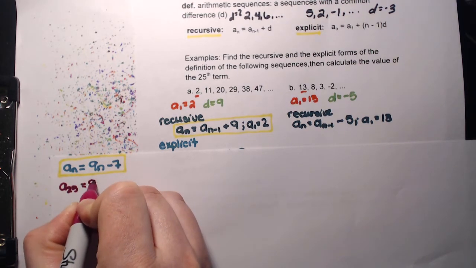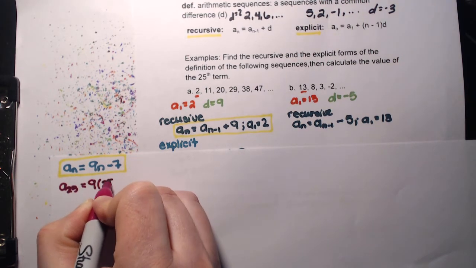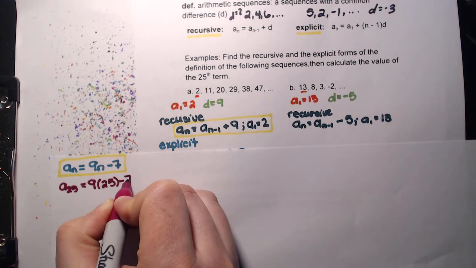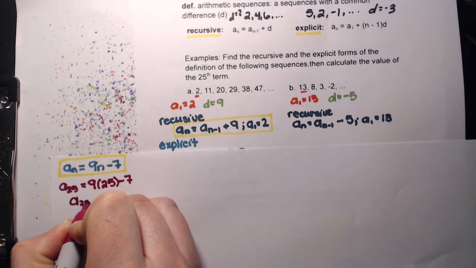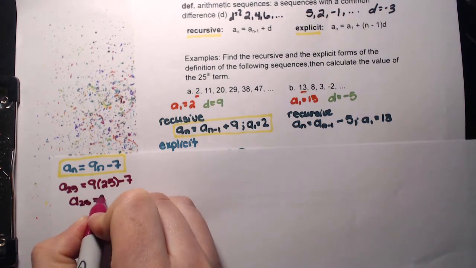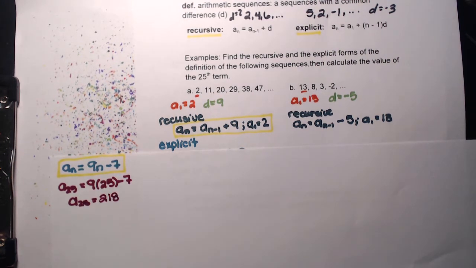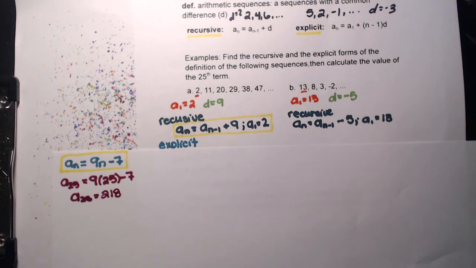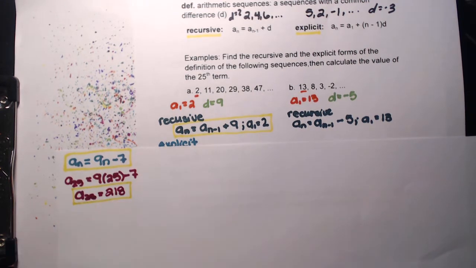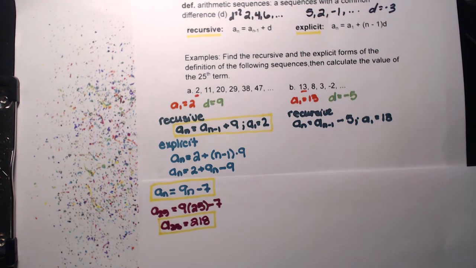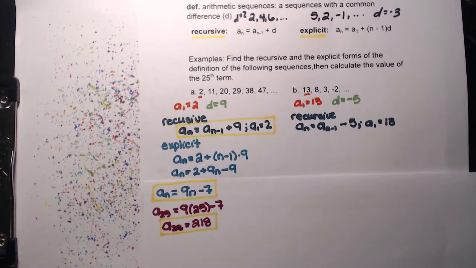So I just do 9 times 25 minus 7. So my 25th term is 218. And then those are the pieces of information for that.